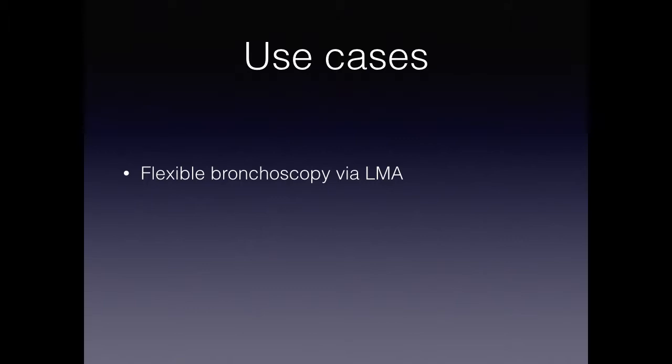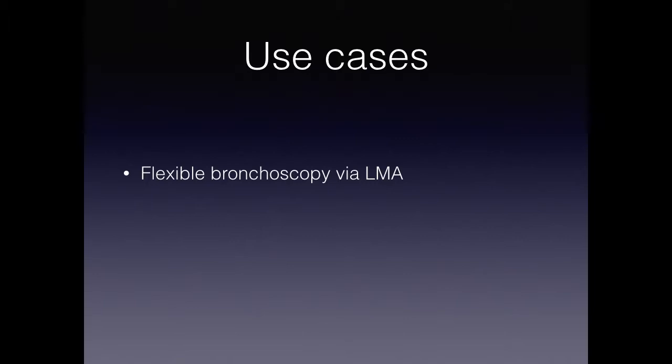So why do we put in LMAs? The reason is that it's a big scope. If you can't get a 9.0 tube in, it's pretty hard to ventilate somebody and have this in. With an LMA, you've got a much bigger tube. Most of the time it goes fine, and we're ventilating perfectly well. But every once in a while, we can't really ventilate somebody effectively with an LMA.